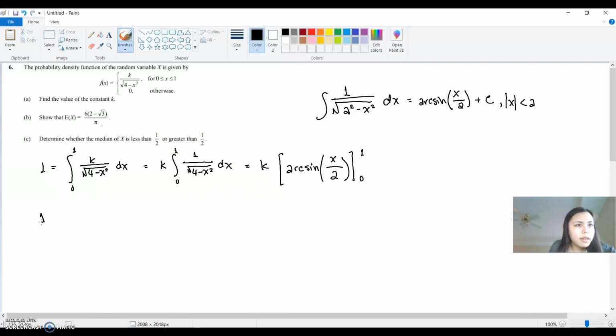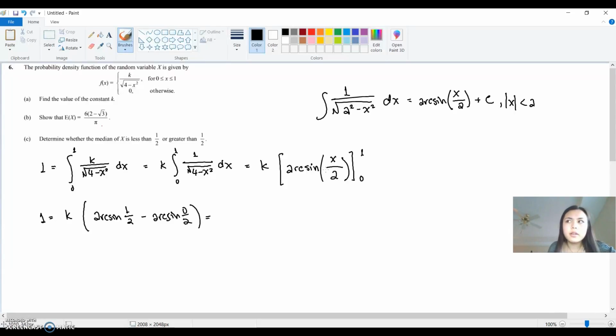Now let's rewrite this. 1 equals k times the arc sine of 1 over 2 minus arc sine of 0 over 2, which is 0. How do you do this again?